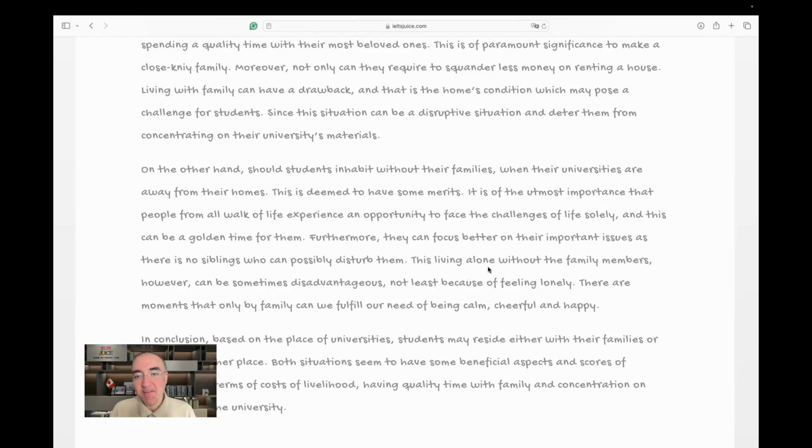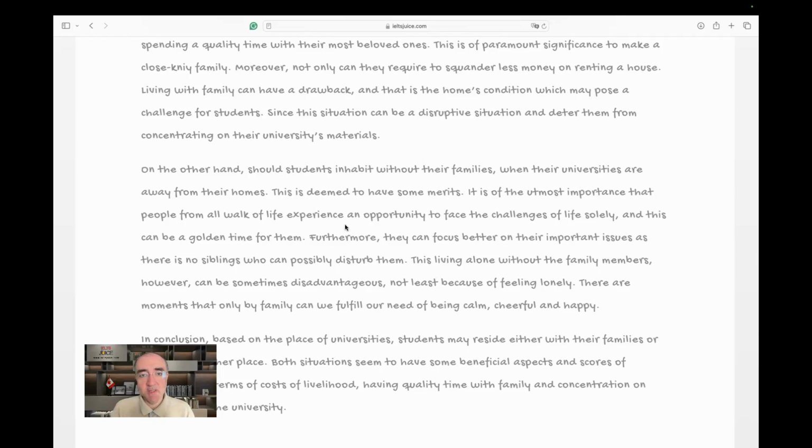This living alone, what? Living alone. I don't need this. Living alone without the family members. However, I need a comma here. Living alone, comma, without the family members. However, these commas are fine. Can be sometimes disadvantageous. This is not something we discussed in the topic sentence.